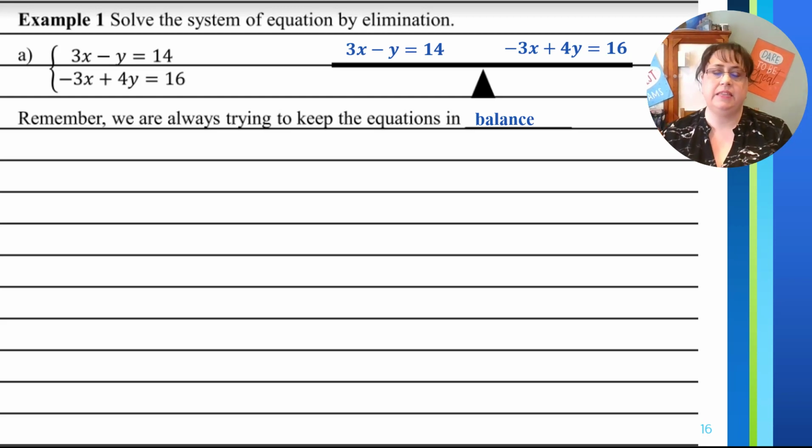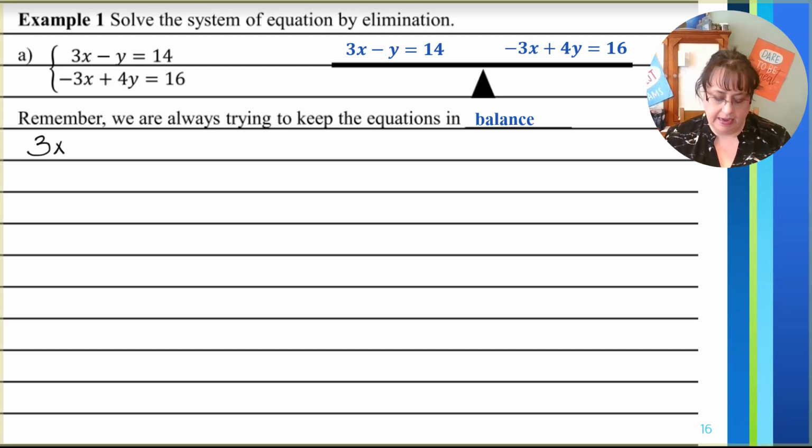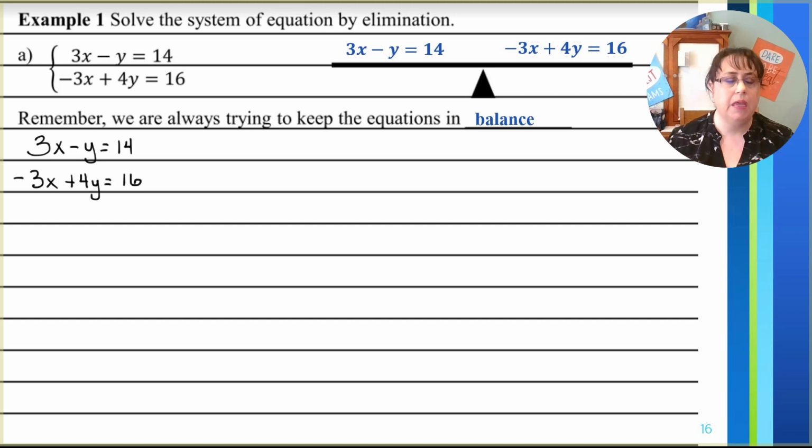So when we look at these, we're going to stack them one on top of the other. 3x minus y equals 14 and negative 3x plus 4y equals 16. What we're going to do is look for additive inverses, or opposites.